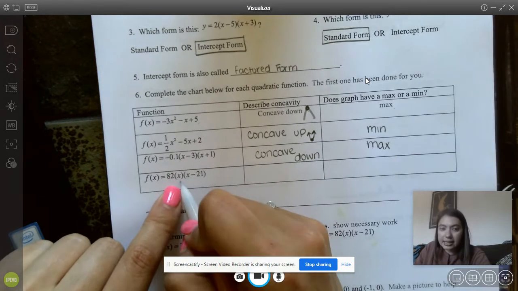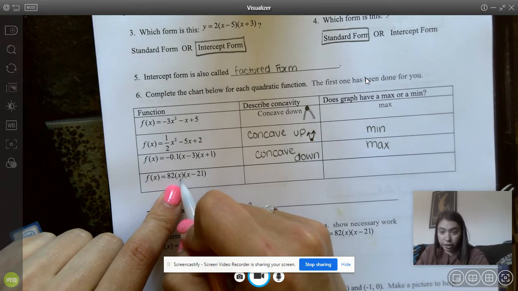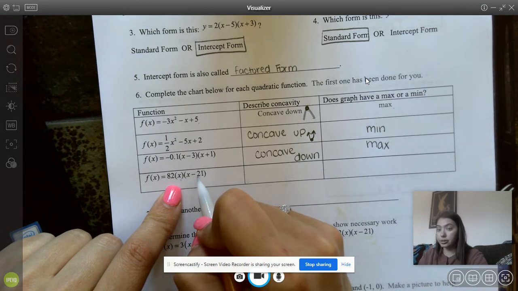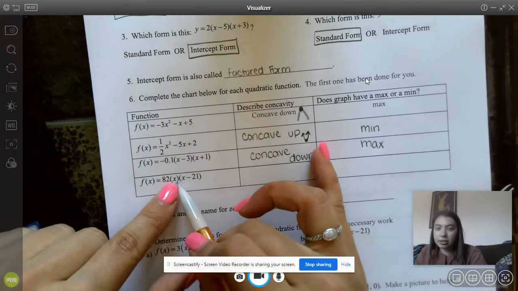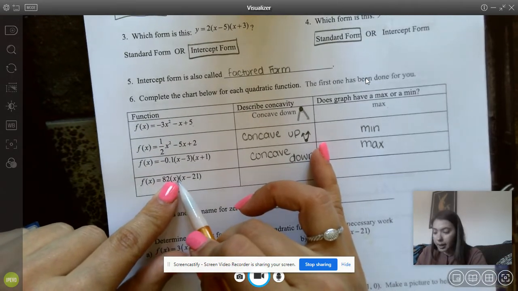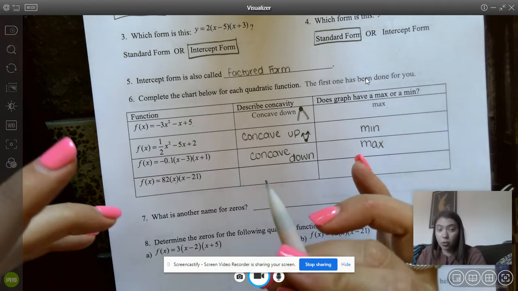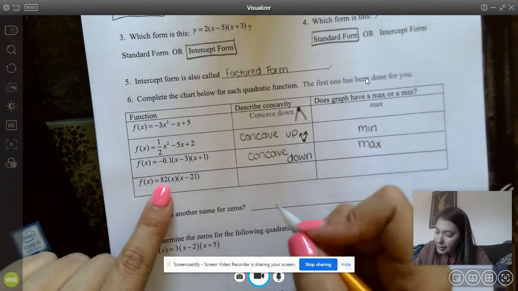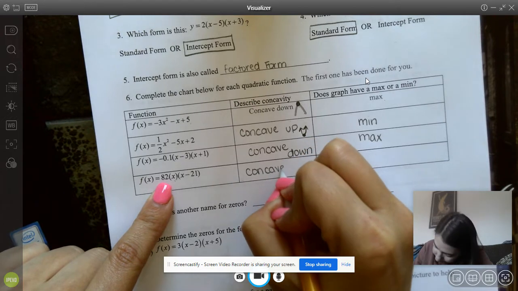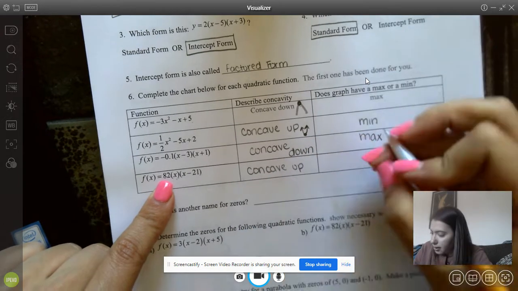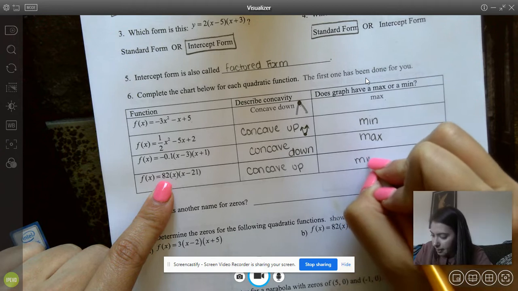Now, even though this x value does not look like a traditional factor in the sense that there's no integer being added or subtracted to it, we know that this actually still gives us a 0. X times x is x squared. We know it's still quadratic because the 82 is positive. This is concave up. And we know that all concave up parabolas have a minimum value.